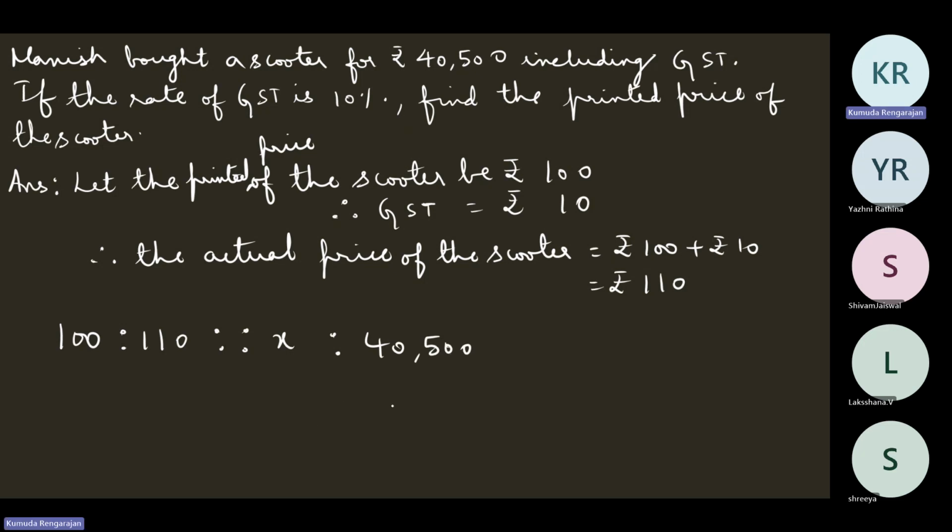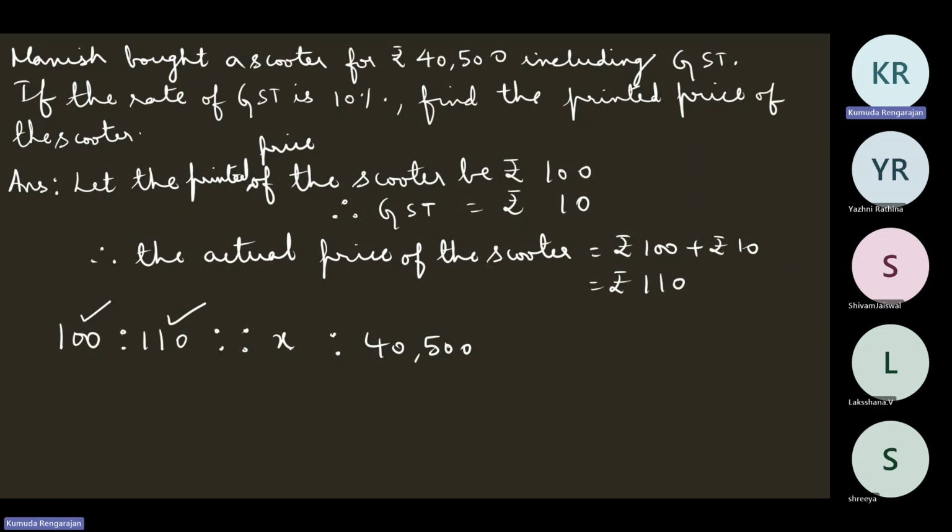See, we're using two terms, two costs or prices in this proportion. One is the cost without GST. The other one is the cost with GST. If the cost without the GST is 100, then the cost with the GST is 110.